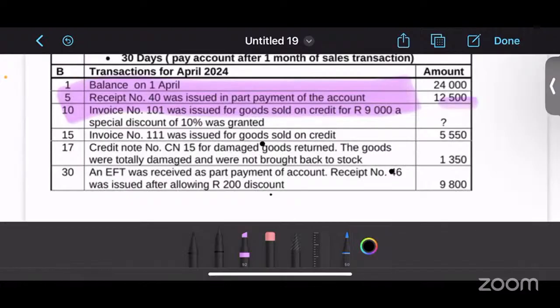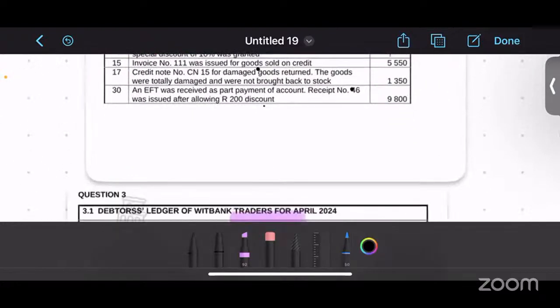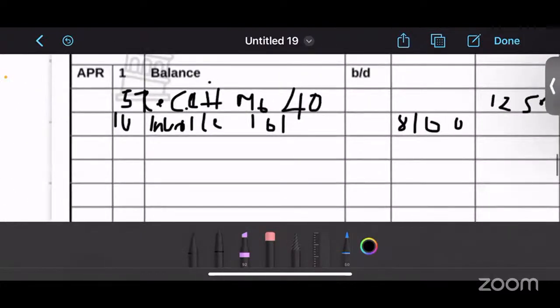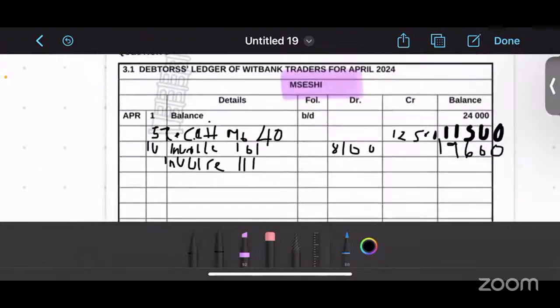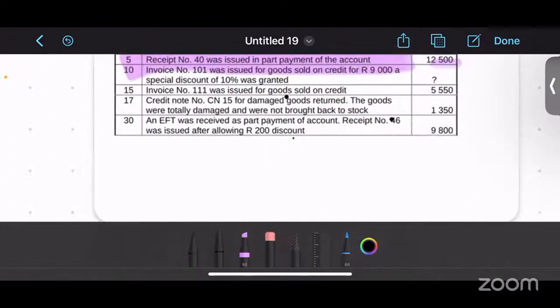Then, ma'am, you debit the amount. And what's the date? The date is the 15th of April. Then, ma'am, the amount is 5,550. Okay. Then your new balance will be 25,100.